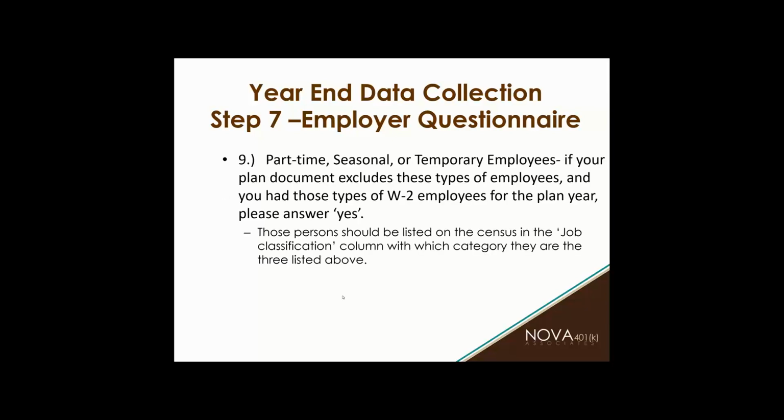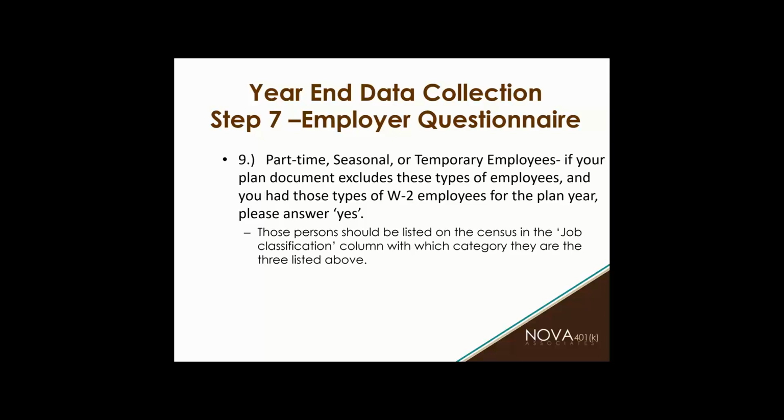Number 9, this is a new question this year. Because of the part-time, long-term employee rule that is going to be starting up next year with the Secure Act and Secure Act 2.0, we are asking for this information. So basically, if your document was written to exclude part-time employees, seasonal or temporary employees, and you had those types of employees for the year who were paid W-2 comp, please answer yes here.